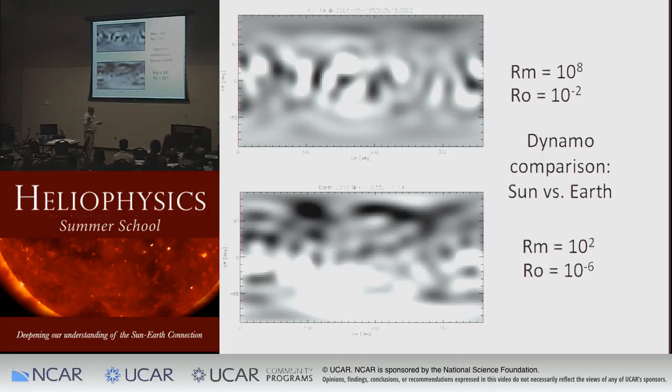Remember, the dipole moment was a little bit stronger on the Earth, and that has to do with subtleties of how this large Rossby number interacts with the magnetic field. The sun has a much smaller Rossby number. The Earth's magnetic Reynolds number is low. The sun's is high. But otherwise, we've got a dynamo, and we've got a dynamo. Okay. Obviously, the units are going to be different.